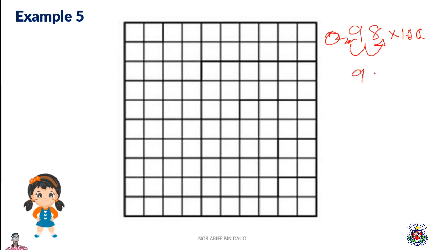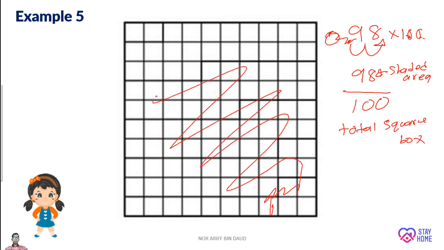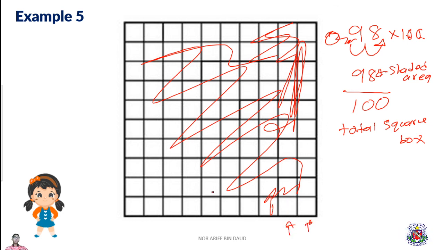So it becomes 98/100. 100 stands for the total square boxes. 98 stands for the shaded area. So you must shade 98 areas. 100 minus 98, so we have another 2 boxes that are not shaded. So you leave the boxes here, 1 box, 2 boxes. So ready, finished. You must shade nicely, don't shade like this. This is an example only for you.